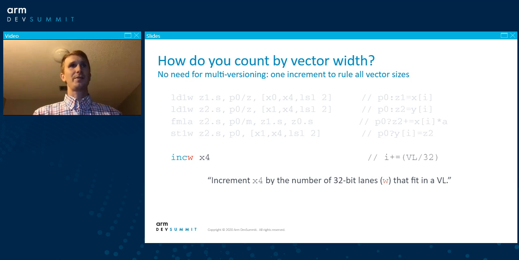So there are special instructions that allow you to dynamically query the characteristics of SVE at runtime. This incw instruction, for example, says increment the integer x4 register by the number of 32-bit lanes. The W is for word, for 32-bit. The number of 32-bit lanes that will fit in a vector. So this is how we can increment and stride over data by vector width, by using special SVE instructions that count by vector width.